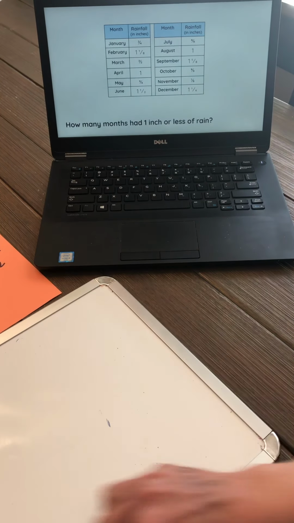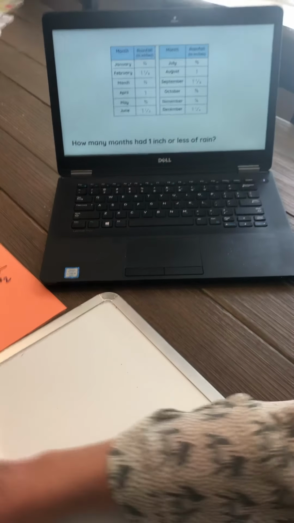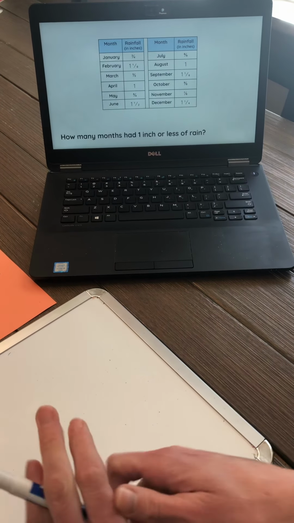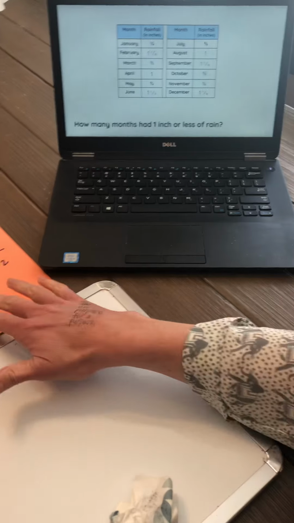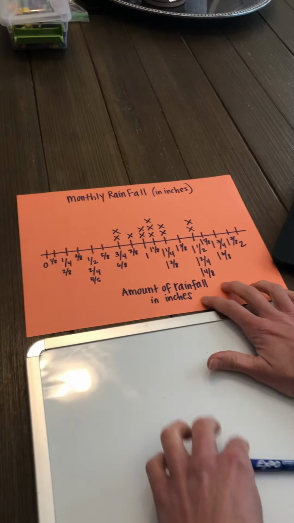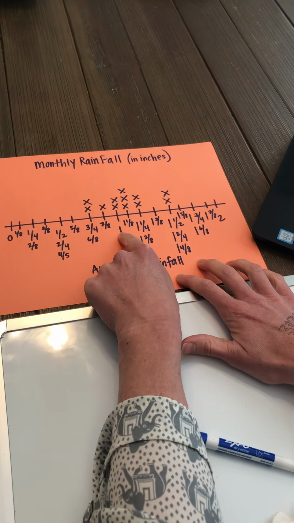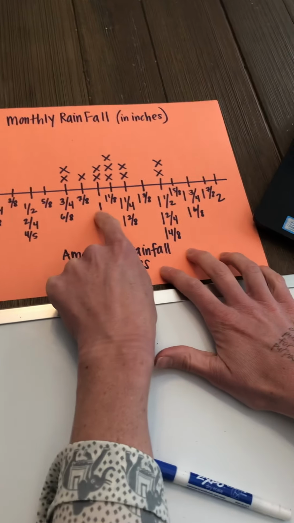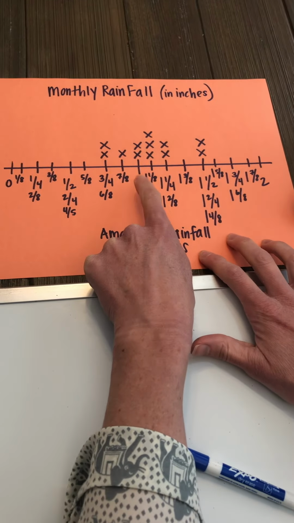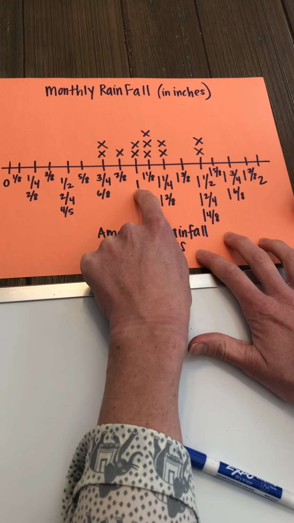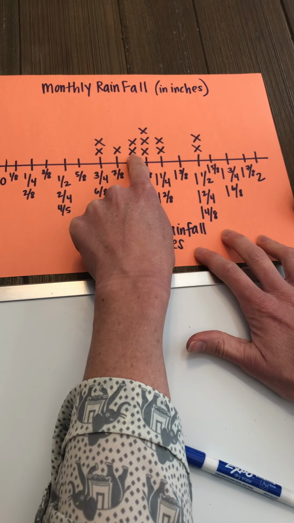How many months had 1 inch or less of rain? Let's go to our line plot. How many months had 1 inch or less of rain? Since it said 1 inch or less, I'm going to have to count the number of months on the 1 as well.